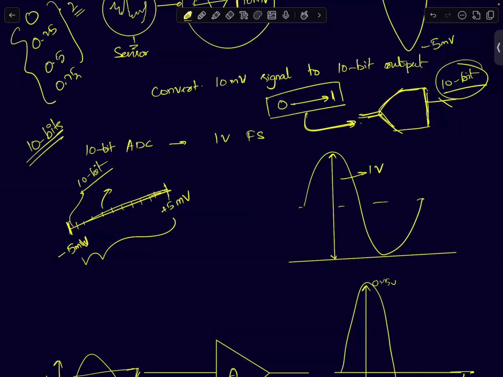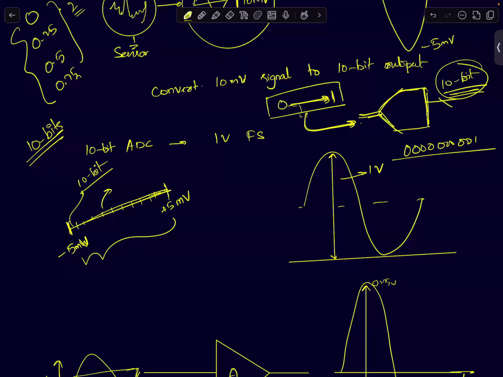Okay, so if you feed a number 0.125, the first 7 bits will be 0, and the last 3 bits will be 001. So it will convert any number in the interval 0 to 1 to 10 bits.